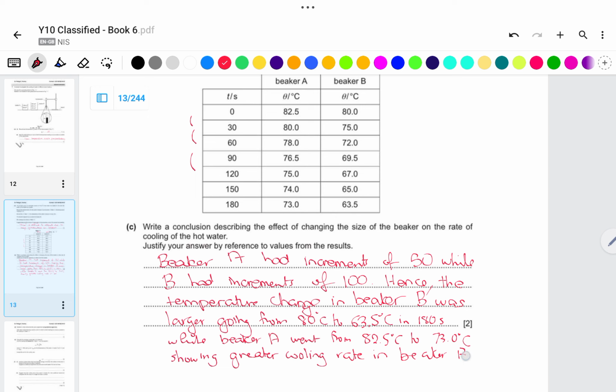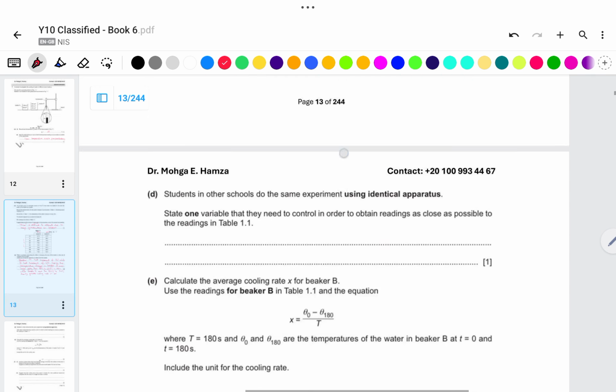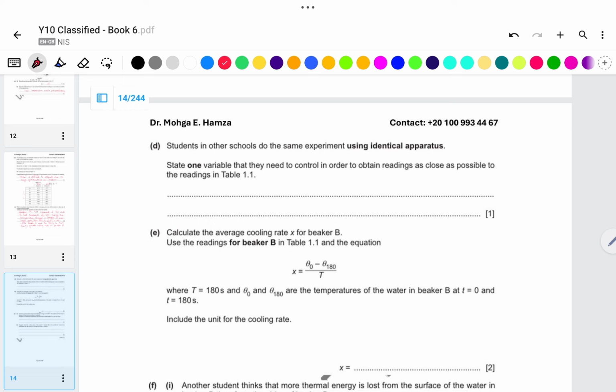A bit of chemistry here, right? All right. Question D. Students in other schools do the same experiment using identical apparatus. Say one variable that they need to control in order to obtain readings as close as possible to the readings in table 1.1. So, for example, it has a 1 mark and I need one variable. So I'm just going to write that I need to keep what in control.